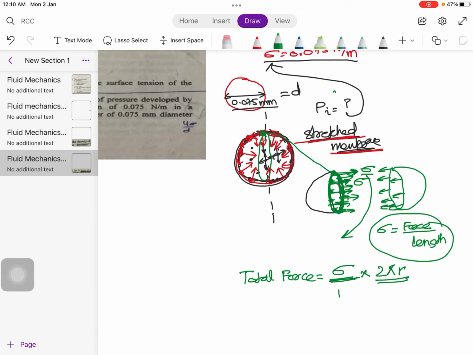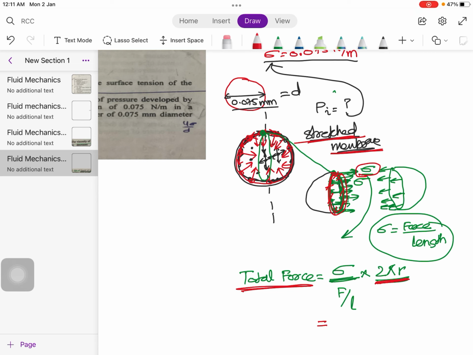Surface tension, again, is the force acting per unit length, or the force acting per unit of this circumference. And therefore, the total force acting all over the circumference would be the unit force, or the force per unit of the circumference, times the entire circumference, or the length of this entire surface, which is the circumference.